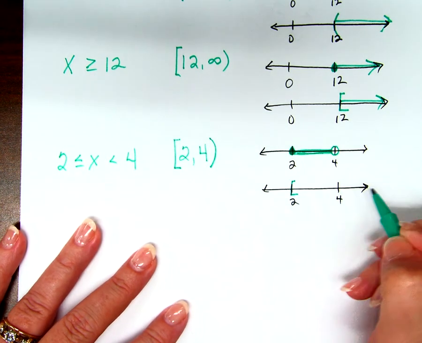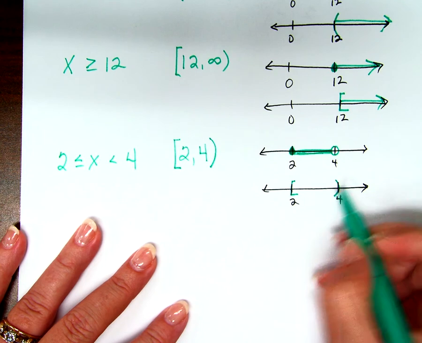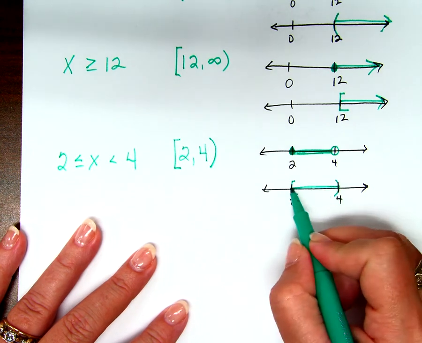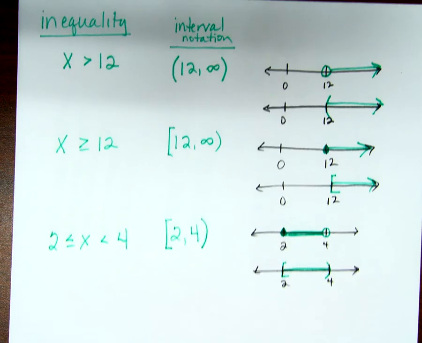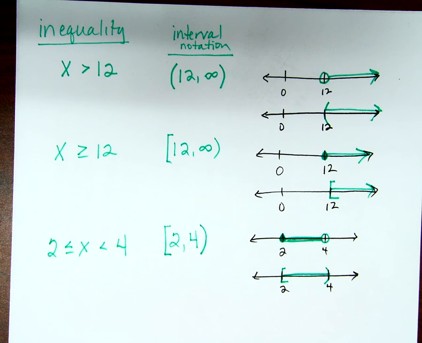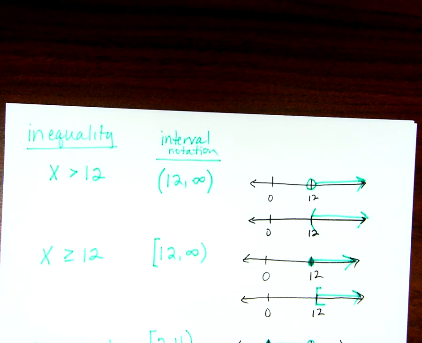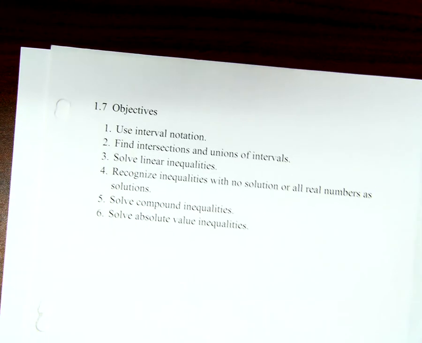Bracket on 2, parenthesis on 4, and I still shade in between, don't I? Any questions about that? Do you need any more examples of that, or is that good? That's good? Okay.